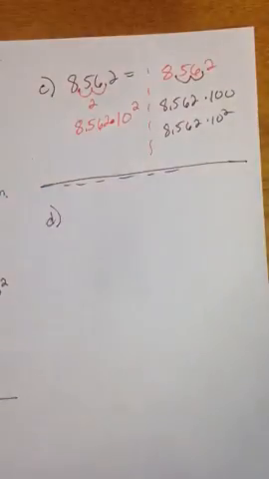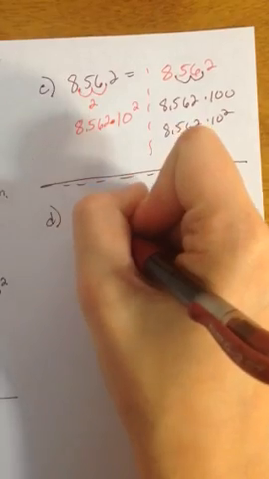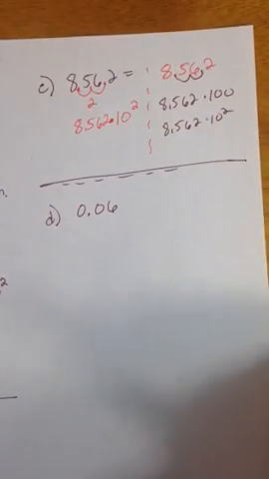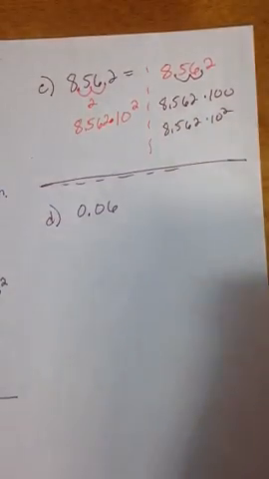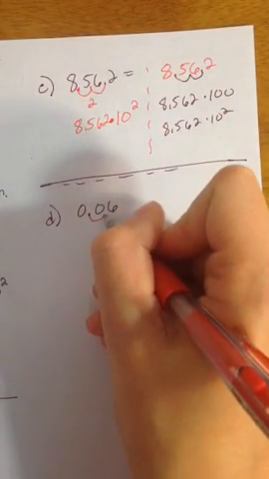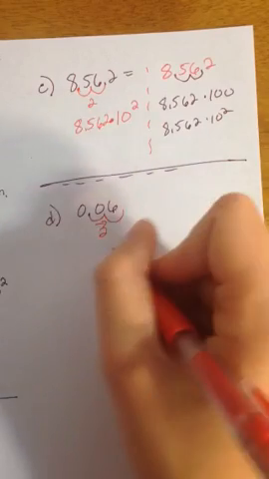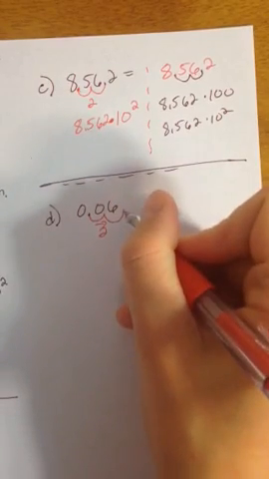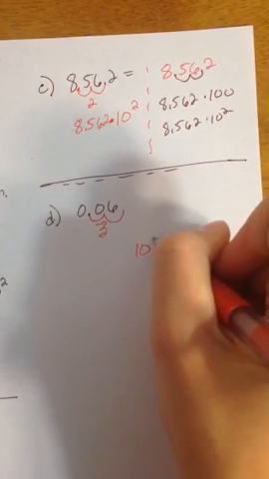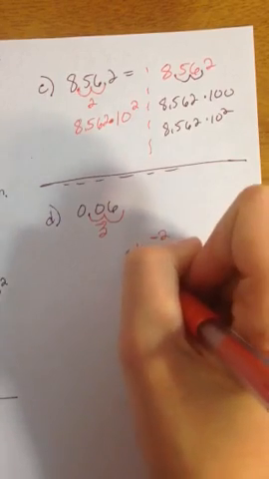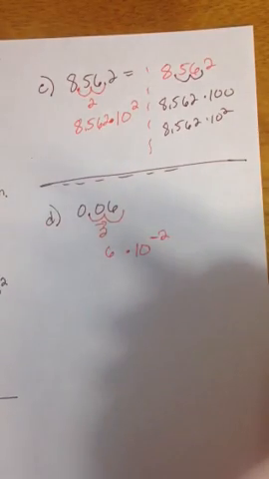And one last example for you. So if you want to kind of pause it and try it on your own, see if you can get it, that would be good. So again, I see that I'm making a smaller number bigger, and I'm moving it 2 places to the right. So since it's starting as a small number, I know I want a negative exponent. So this is going to be 6 times 10 to the negative 2.